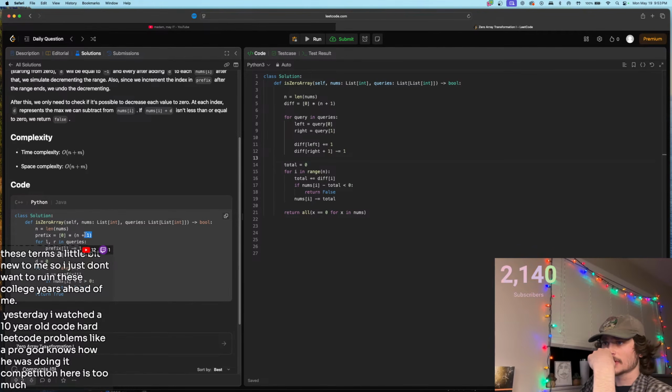Prefix d equals 0 for I in the range of n.